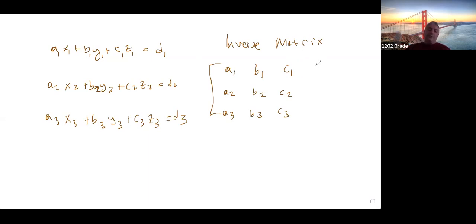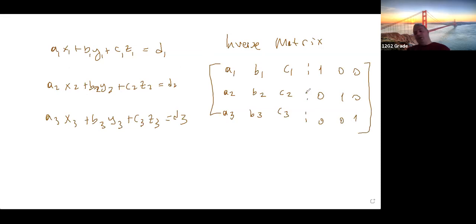What am I going to do? I didn't explain this. I used the 2 by 2 practical way, but if this is 3 by 3, we can't use the practical way. We have to use the long way. So I have to put 1, 0, 0, 0, 1, 0, 0, 0, 1.